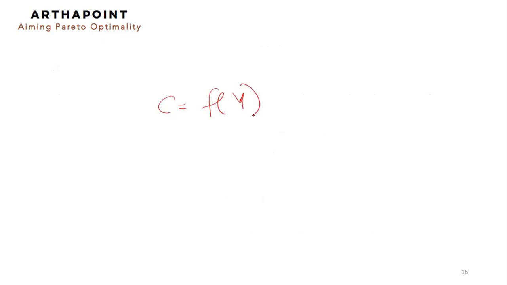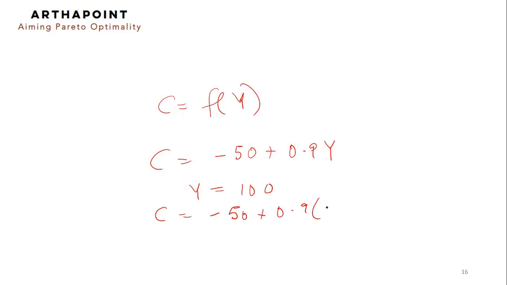If I draw this relationship, supposedly I get an equation out of it, which says C is equal to minus 50 plus 0.9y. And now I ask you, what happens for different values of y? And you tell me that when y is 100, C is going to be minus 50 plus 0.9 into 100, which is minus 50 plus 90, which is 40. So your consumption will be 40 when your income is 100.